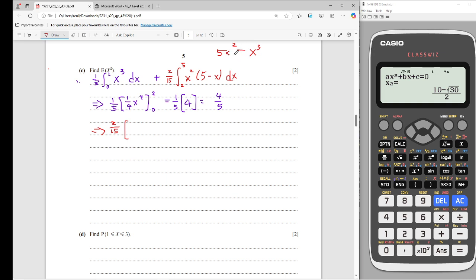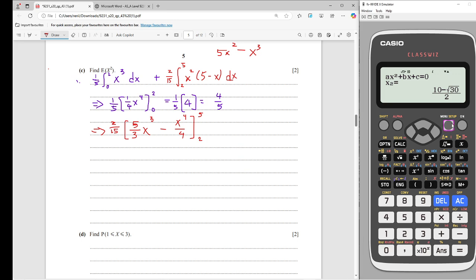To integrate 5x squared, we can just add one to the exponent of x squared, we get x cubed. And x cubed, so 3 times 5 by something is equal to 5. That means that something is 3. So our fraction here is 5 by 3. And you can just confirm this by differentiating and seeing if it is equal to 5x squared. In this case it is. And we can put here x to power 4 whole by 4 with limits 5, 2.